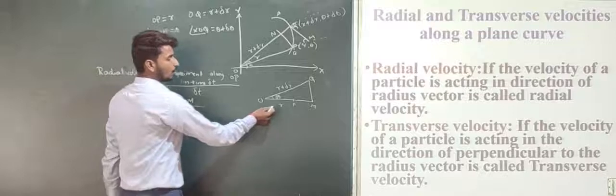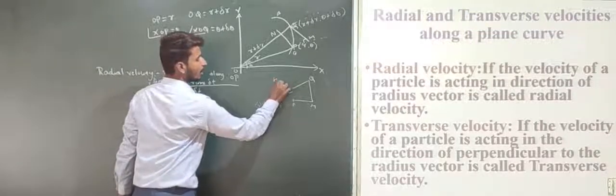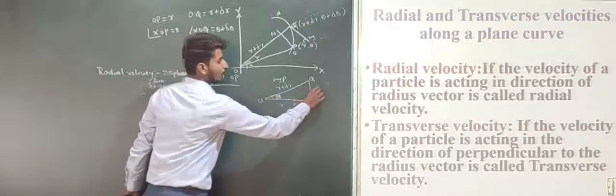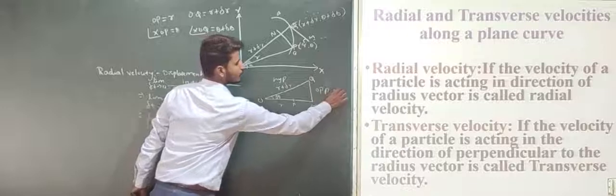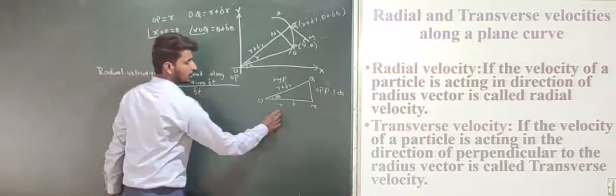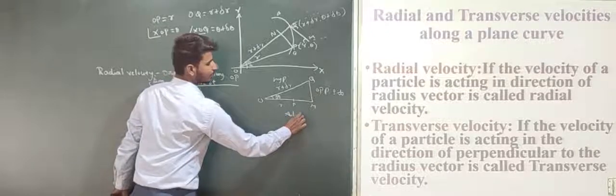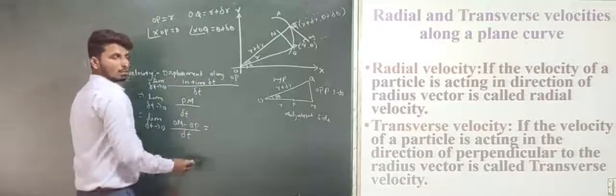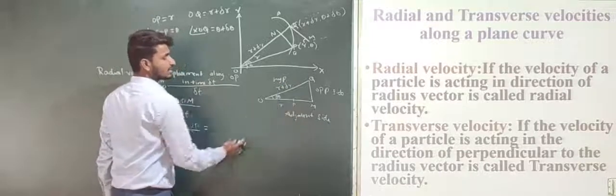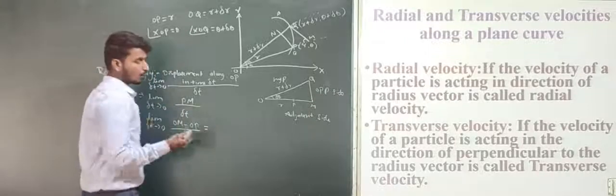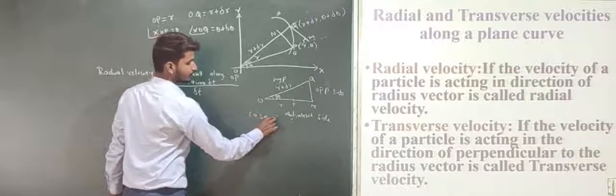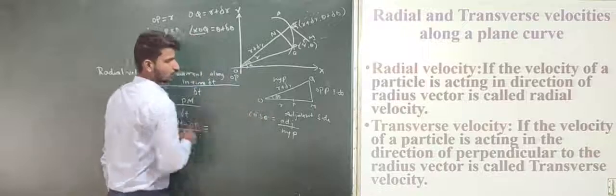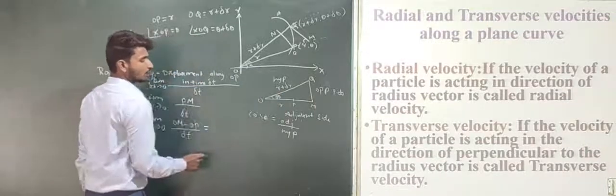In trigonometry, this side will be the hypotenuse, this will be the opposite side, and this will be the adjacent side. Here we know this is the adjacent side and this is the hypotenuse. In the trigonometric formula, cos theta equals adjacent side divided by hypotenuse.